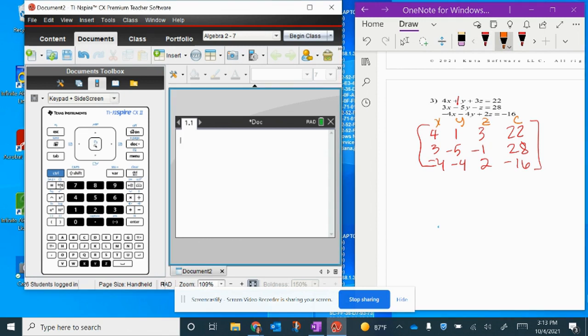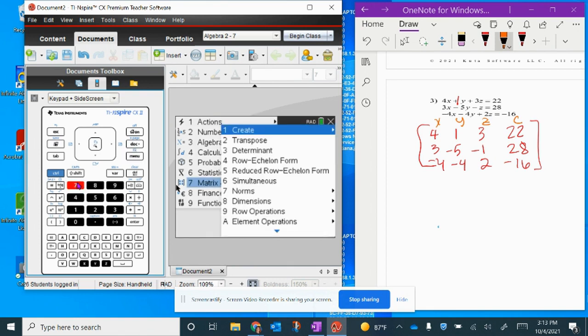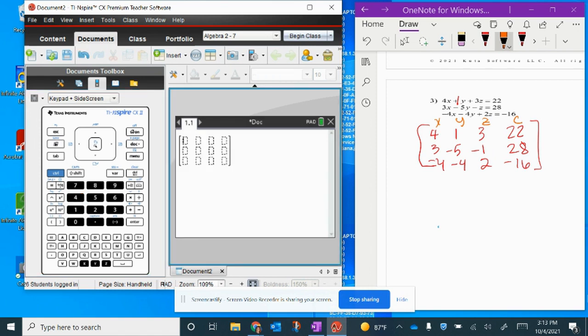So now on the calculator, you'll go to menu, 7, 1, 1. There are 3 equations, so we're going to say 3 for the number of rows, tab, and there are 4 columns, or 3 variables plus 1 is 4. And now we're going to type in just our numbers using the arrows to get between the different groups.